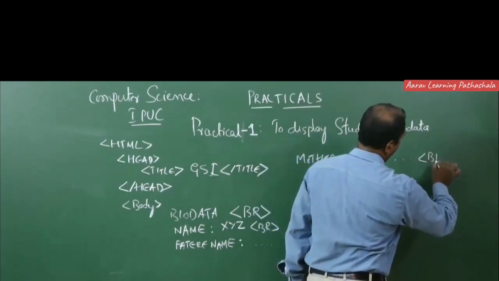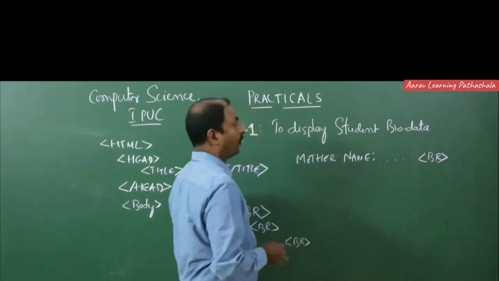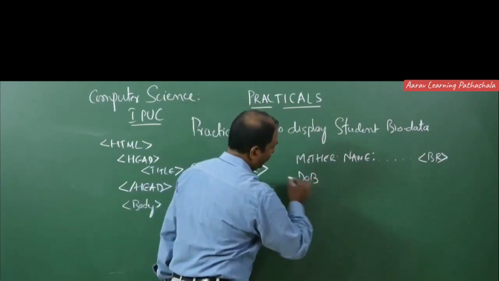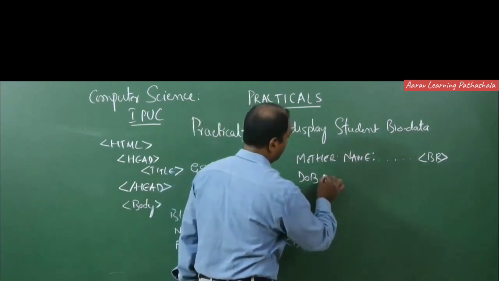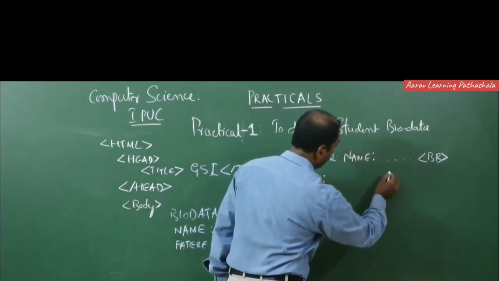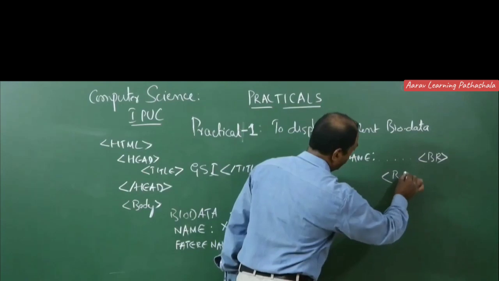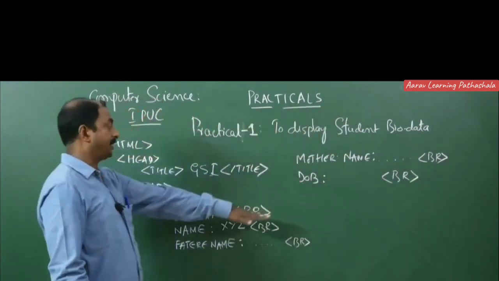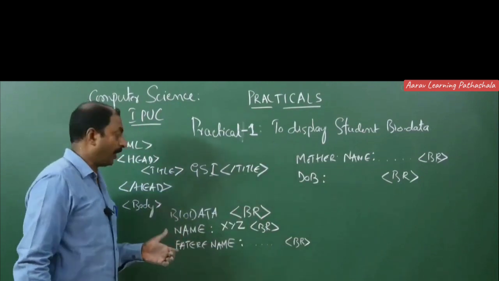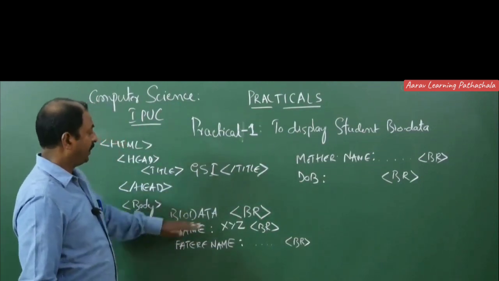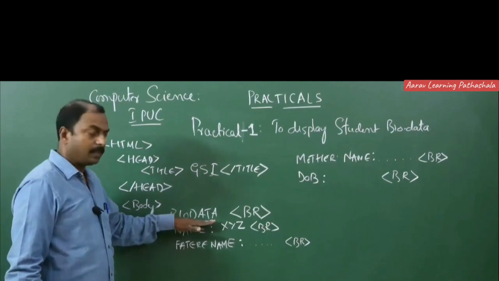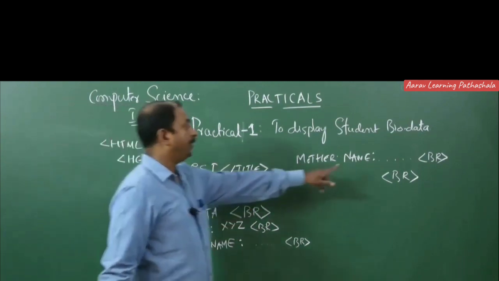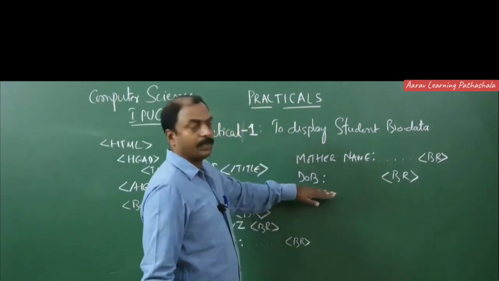Then BR tag for line break. Date of birth, I'm writing your date of birth, close with BR tag. So students, in this example, I would like to display these many lines. But I want to display biodata, below that name and father's name and mother name and date of birth.